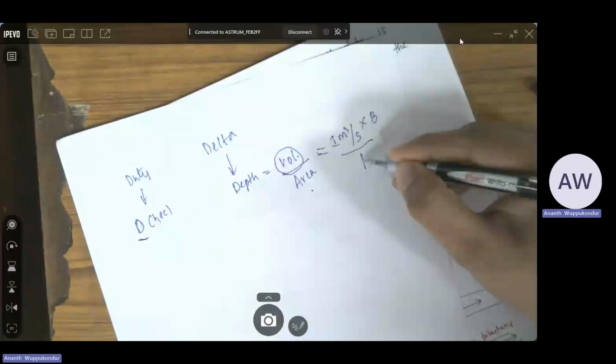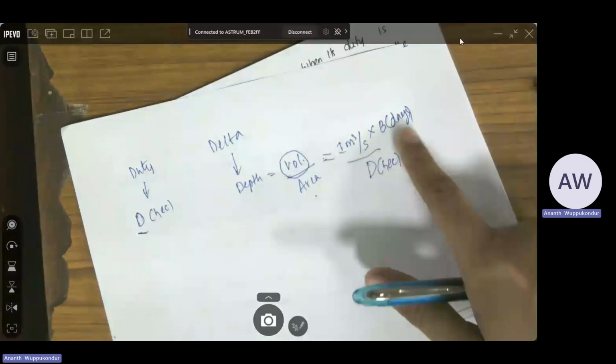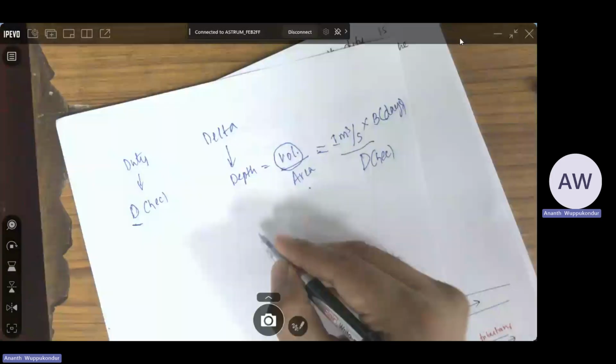Multiply with the duration that we provided water for. So the area that we are irrigating is D. So we need to now check for the units. Use consistent units, meters and seconds. And what do you get?